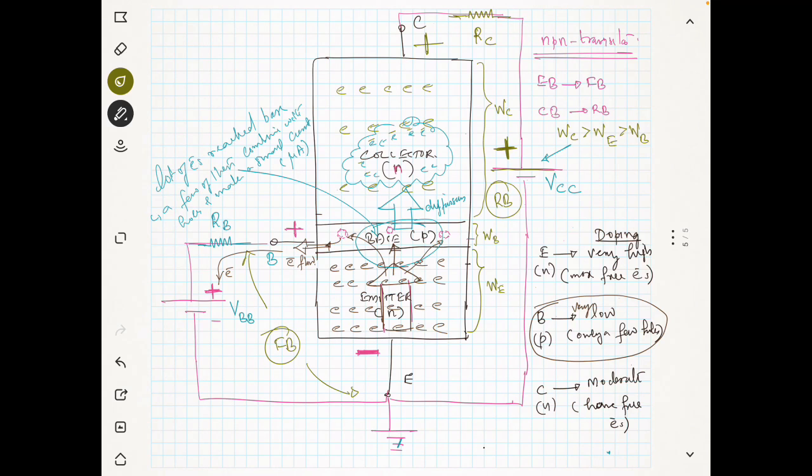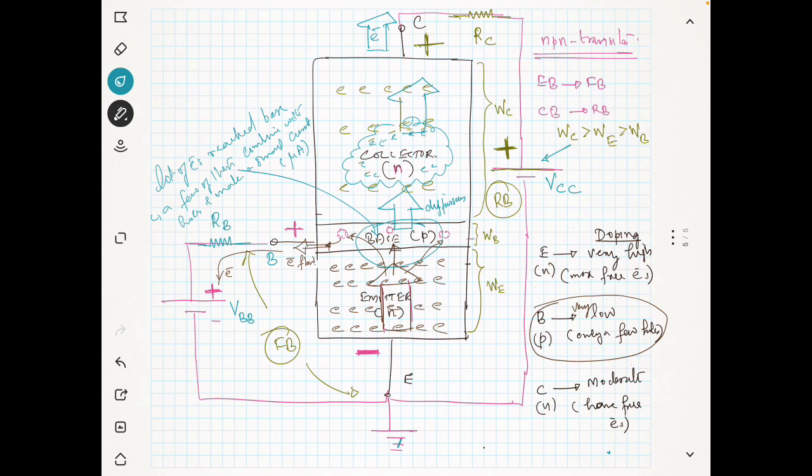So a lot of electrons are there at the collector, and because of this positive power supply, these electrons will move towards the collector, and flow through the collector pin.